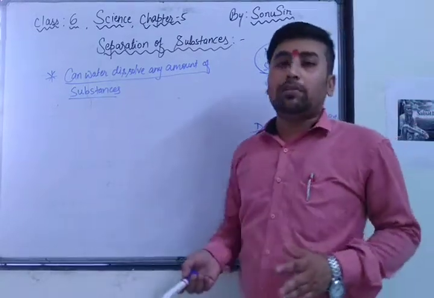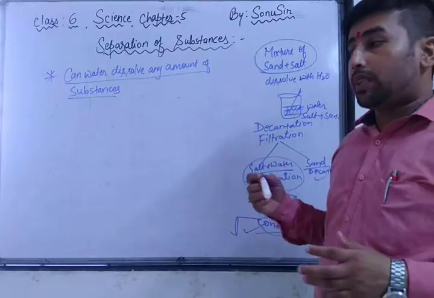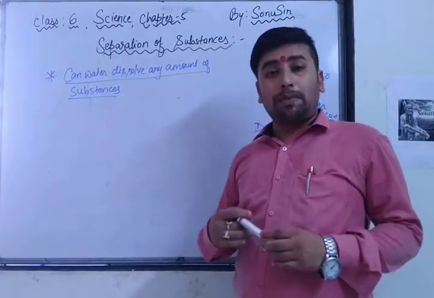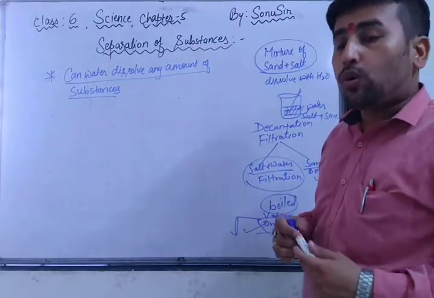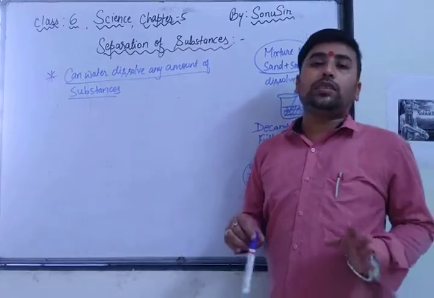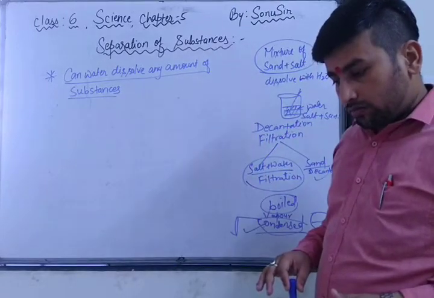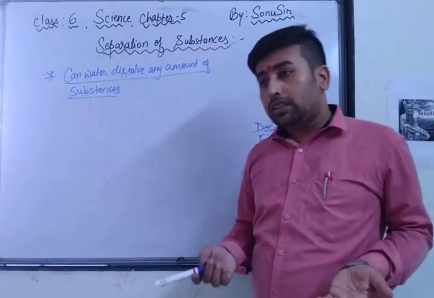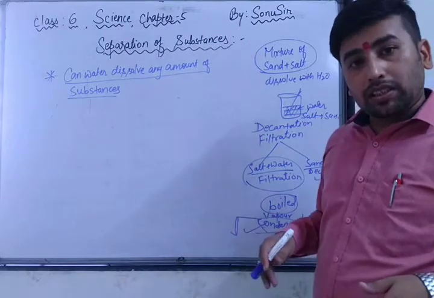And if it is visible, then it is heterogeneous. You will not be able to see the sugar solute or the crystal parts present in the solution. Then only that solution will be known as a homogeneous mixture. Disappear means not visible. Appear means visible.